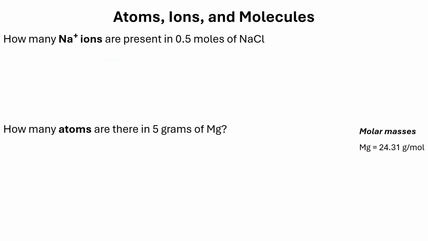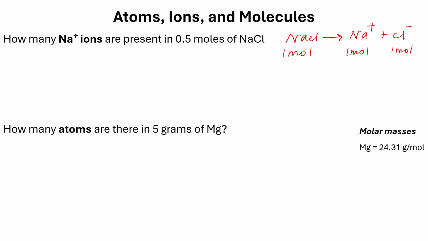How many sodium ions are present in 0.5 moles of sodium chloride? So sodium chloride is a strong electrolyte. So you can write this equation: whenever you have sodium chloride solution, you have sodium ions and chloride ions. If you have 1 mole of sodium chloride, you have 1 mole of sodium ions and 1 mole of chloride ions.